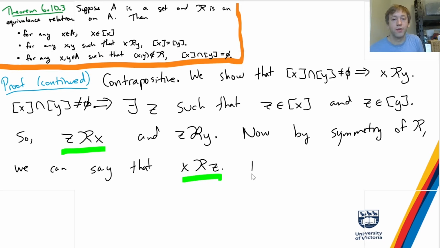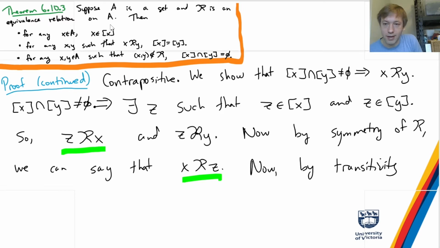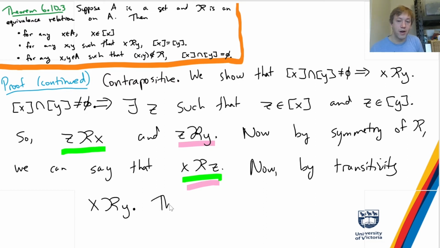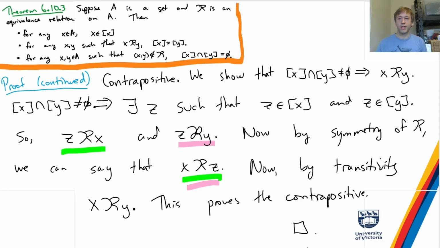And now, by transitivity, we can combine these two statements, that x is related to z and z is related to y, to get that x is related to y. Okay, and this proves the contrapositive. Of course, the contrapositive is equivalent to the original statement, so we're done. Okay, so that completes the proof.